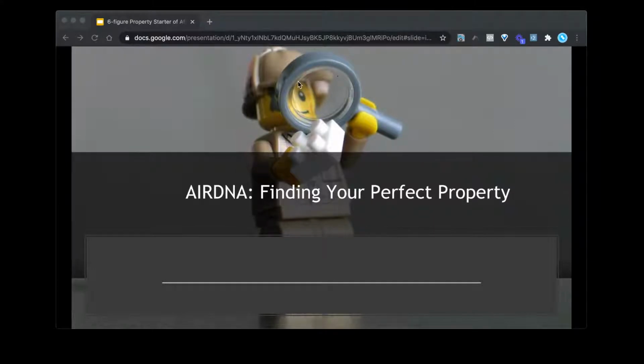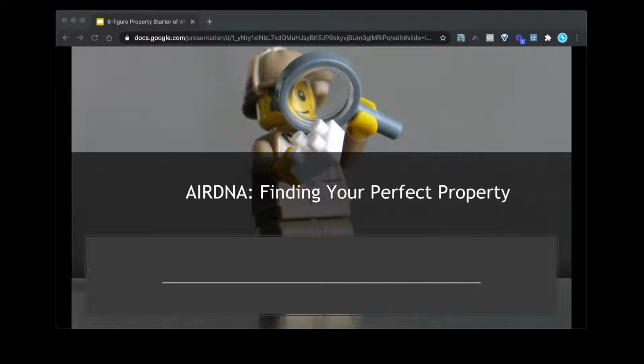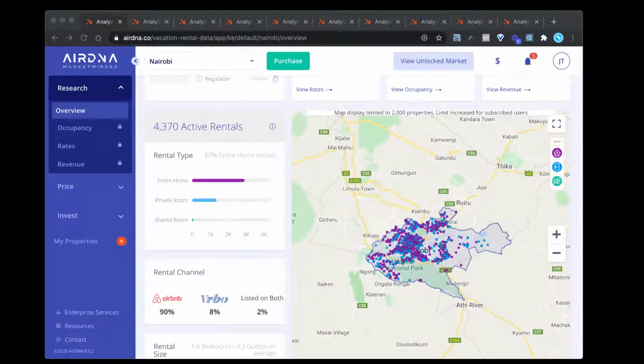Well, good news is that we do have a tool that we use, and I want to share that tool with you today. And like I promised, the training would be super, super actionable. So here we are. The tool that we use is called AirDNA, okay? airdna.com. I'm just going to switch there so that you guys can take a look.